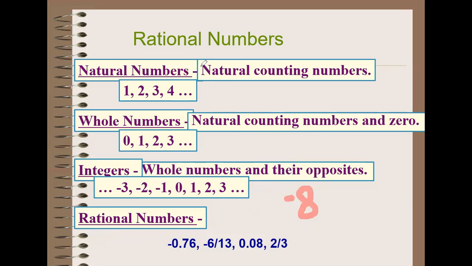Negative 8 belongs to which set of numbers? Could I say that negative 8 belongs to natural? For sure not, because natural should be a positive number. Could it belong to whole numbers? No, because whole numbers will not accept negative numbers. Yes, we can say that it belongs to integer numbers.